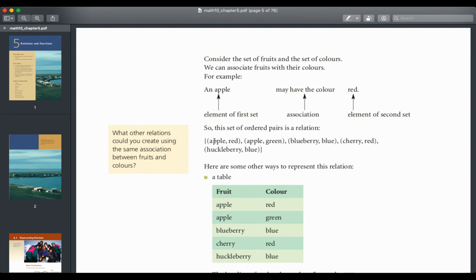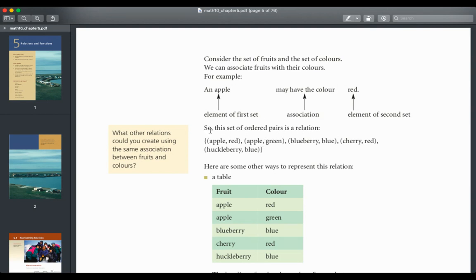So we could say apple comma red is one ordered pair in the relation representing fruits and the colors they could have. And we could continue on. Apple could be green, blueberry could be blue, a cherry could be red, a huckleberry could be blue, and so on. These are ordered pairs of relations.